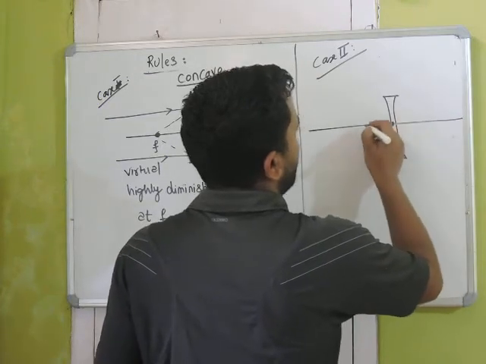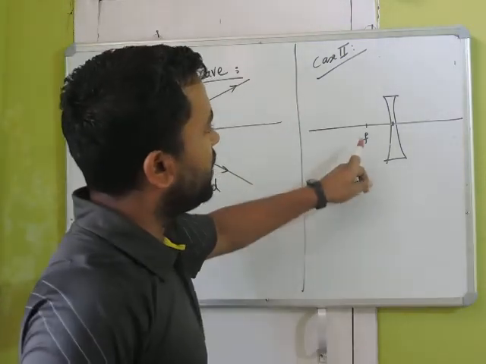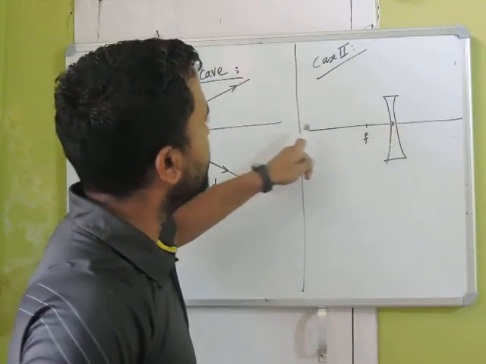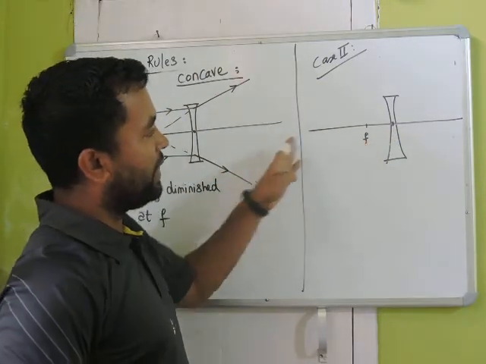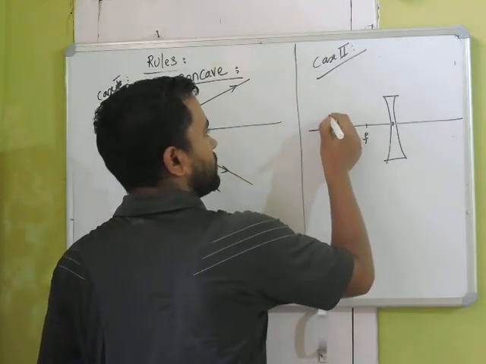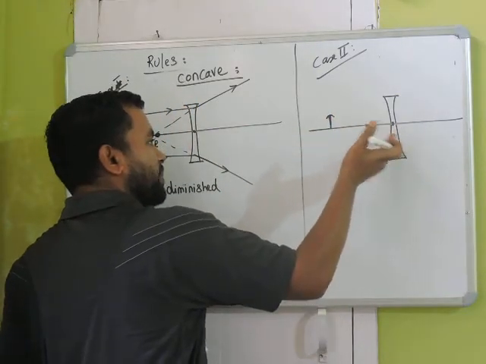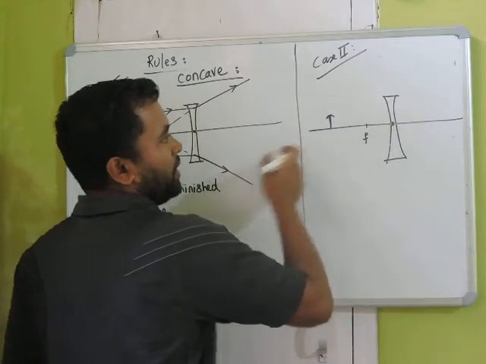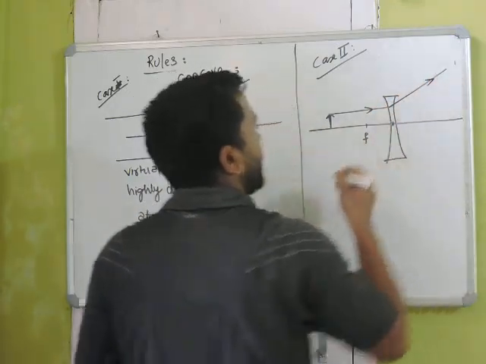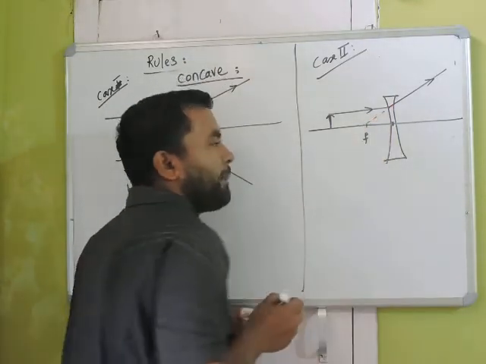Now the second and final case of concave lens, case 2. Suppose the object is anywhere between optical center and infinity. Okay, suppose the object is here. I take a ray like this. It will appear to meet here.